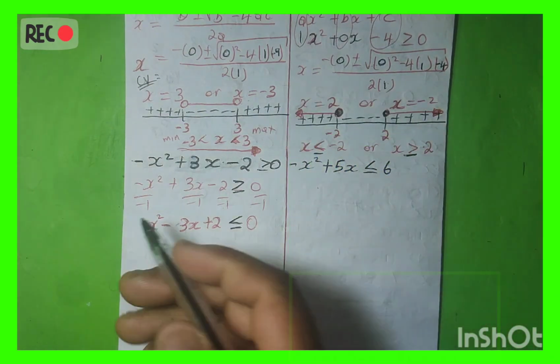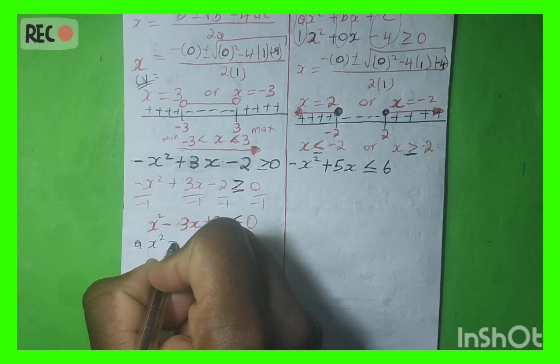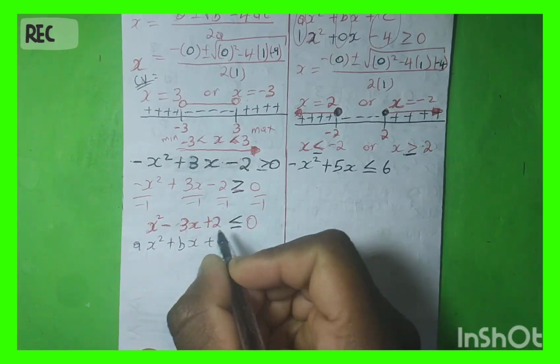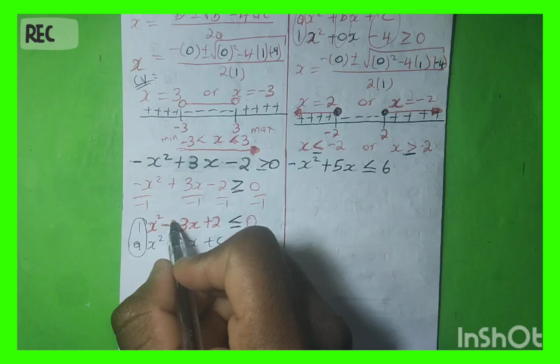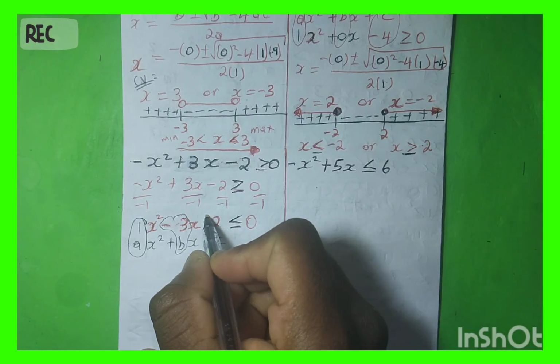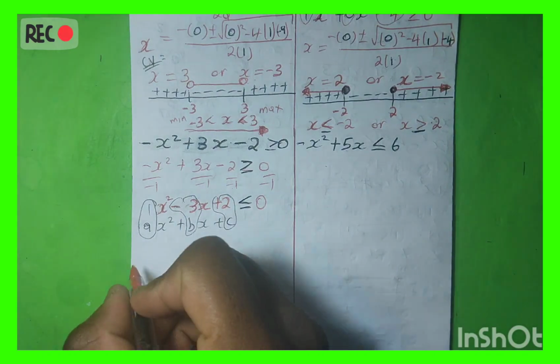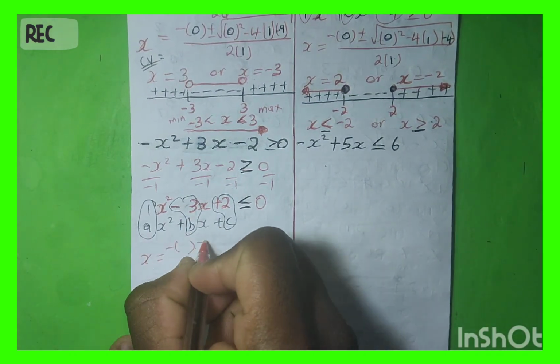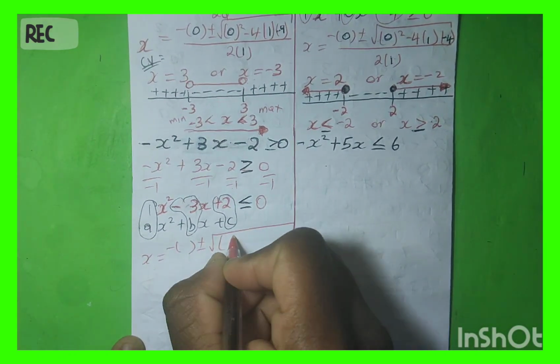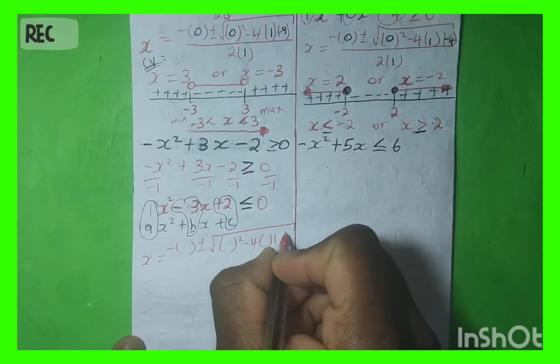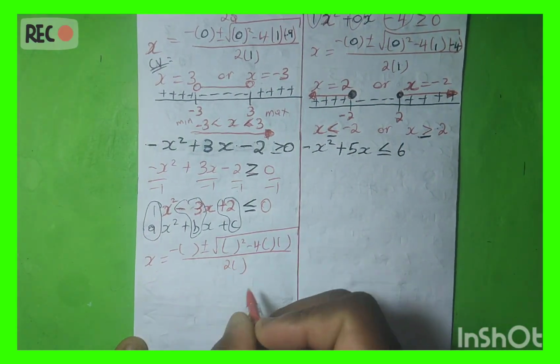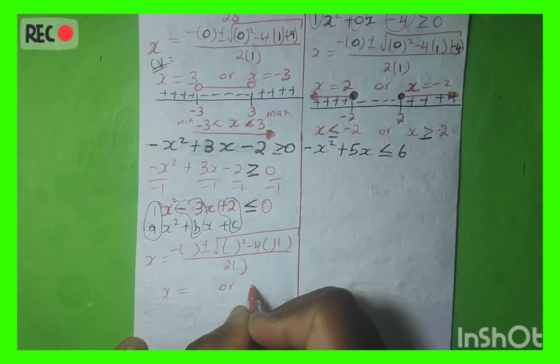So in this case I can identify a, b, c. Invisible 1 for a, then for b it's negative 3, then for c it's 2. Substituting this into our quadratic formula, this is what will happen, divided by 2a, so that I should get 2 answers.